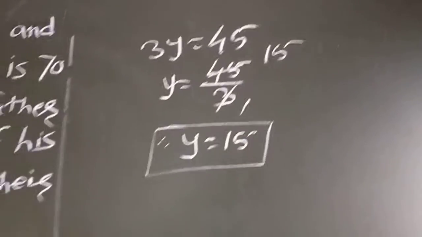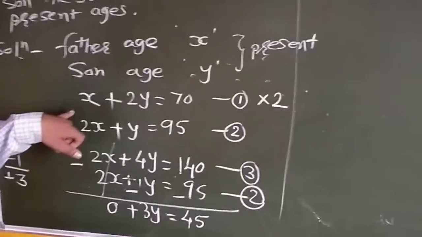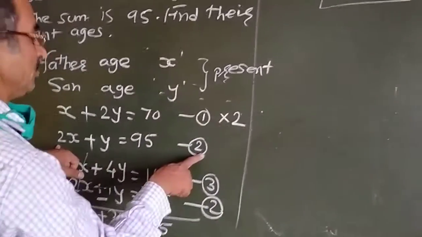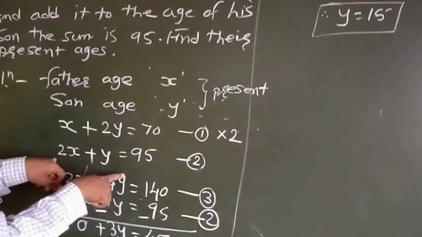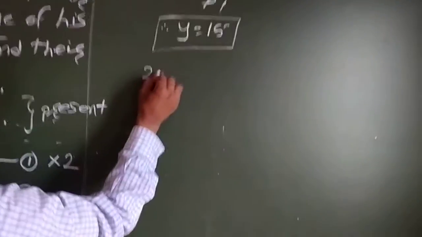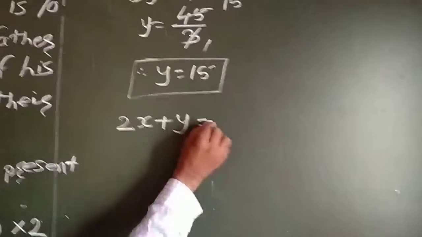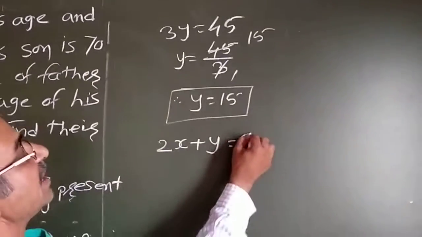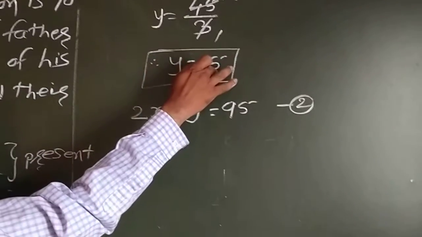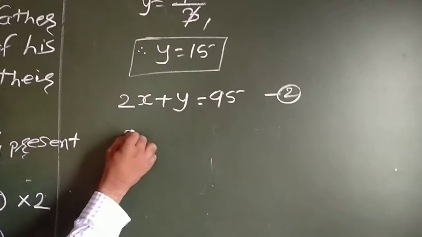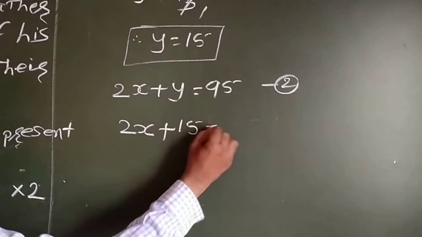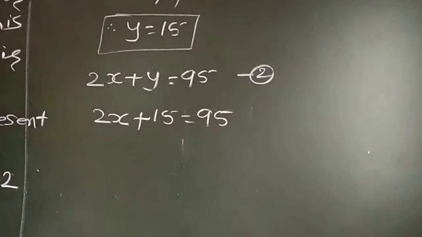By putting it in any equation, we get the value of x. Suppose we put this value of y in equation number 2, 2x plus y is equal to 95. Put the value y is equal to 15 in equation number 2. Means 2x plus 15 is equal to 95.